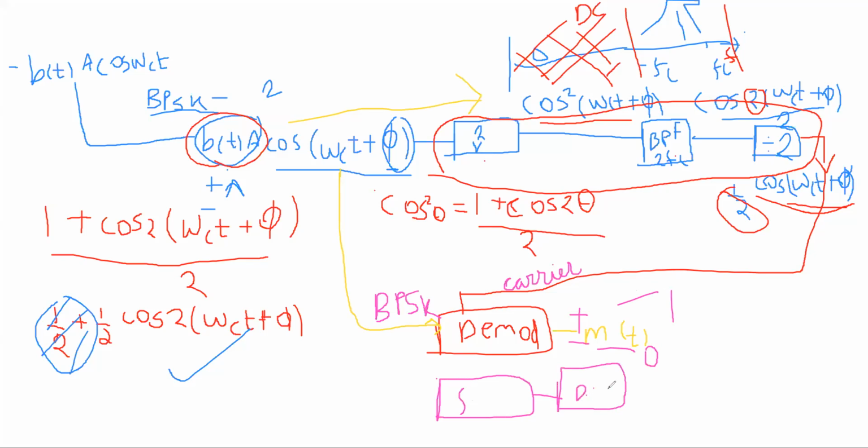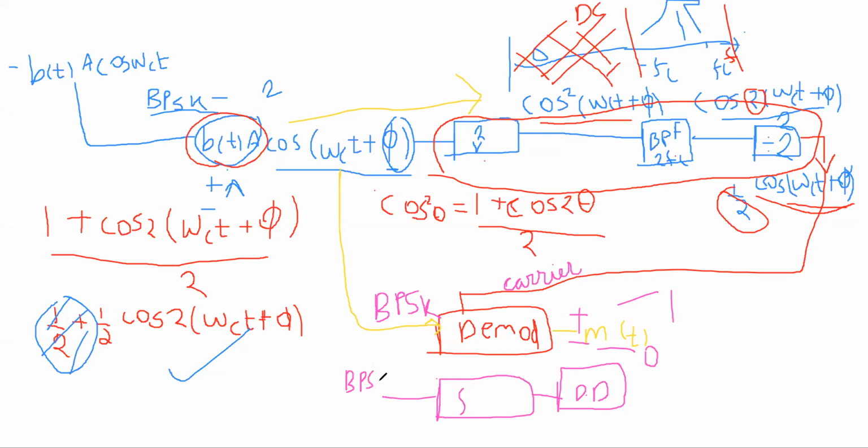The integrator will integrate the multiplied signal of your BPSK. So the input to this is a multiplication of the BPSK signal and your regenerated carrier. This is called coherent detection, where we are required to get the carrier at the receiver side.